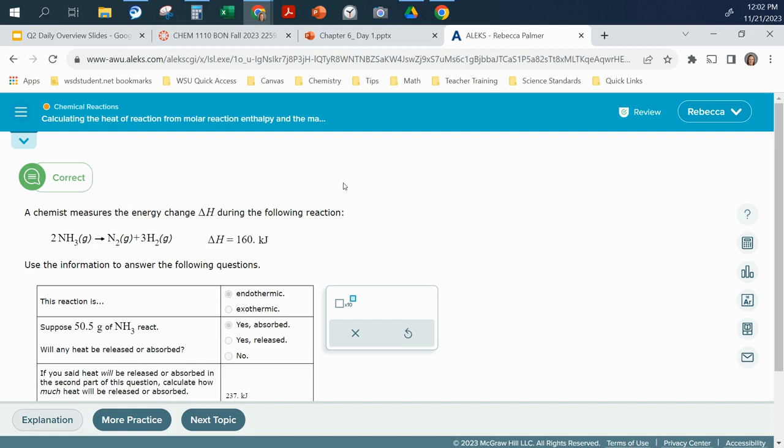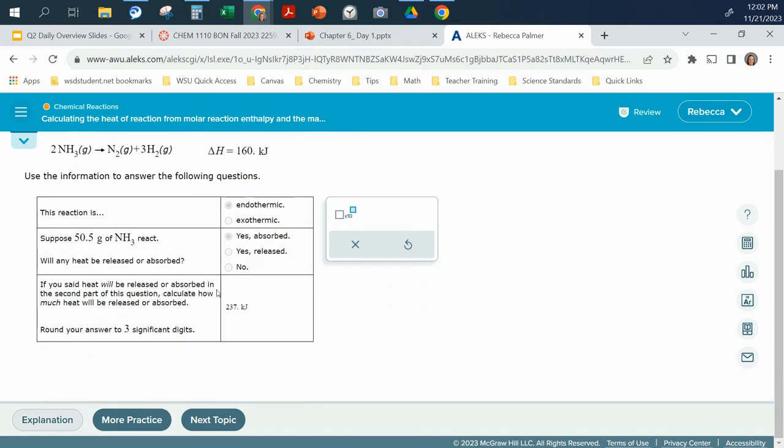Maybe because it's talking about release. If you say it's released, then it's negative. So if you always put positive, then it'll be fine. Always put a positive, that's always safer. Okay, thank you.